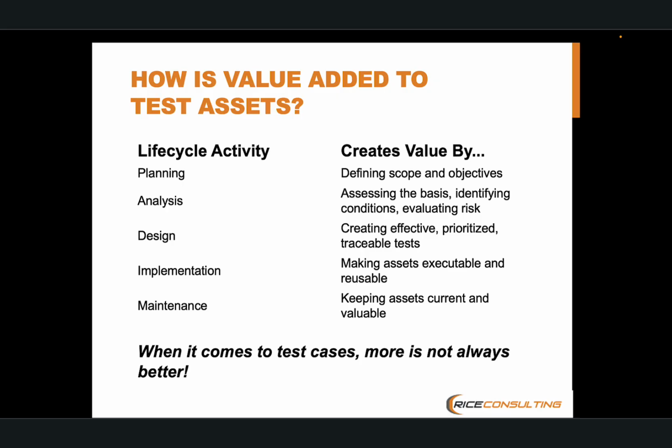Then in analysis, the value points come by being able to assess the basis of testing. Is it testable? Is it clear enough? Is it accurate enough? And you can start to see conditions emerge, and you can also start to see the risk picture get clearer. In design, the value comes in by creating effective, prioritized, and traceable tests.